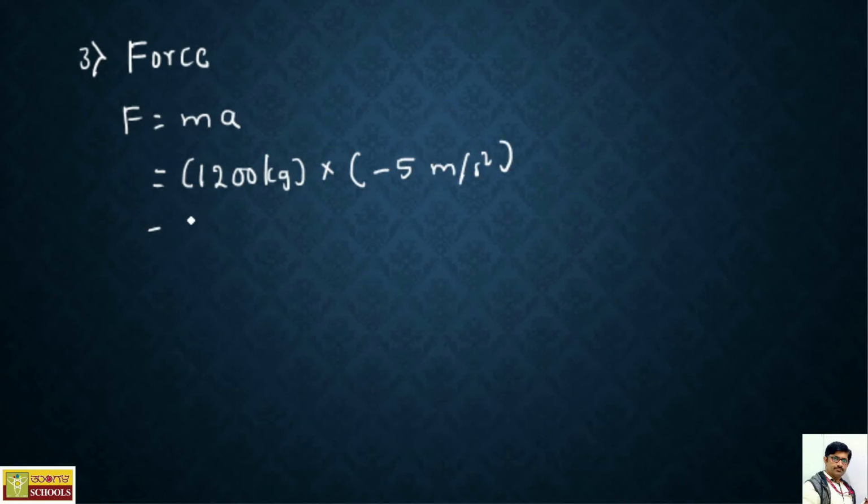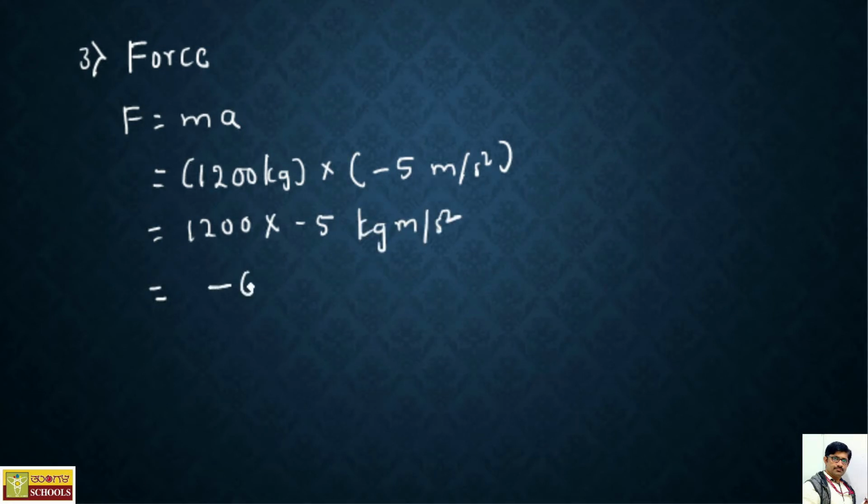So 1200 into minus 5, that much of kg meter per second square. So you are left with minus 6000 Newton. So minus 6000 Newton will be the force.